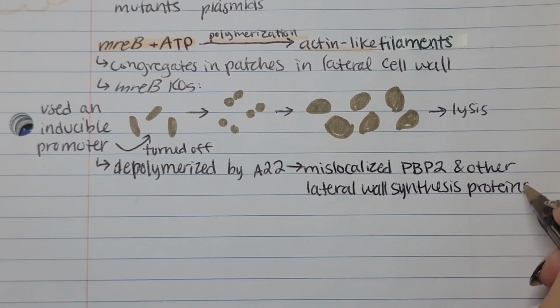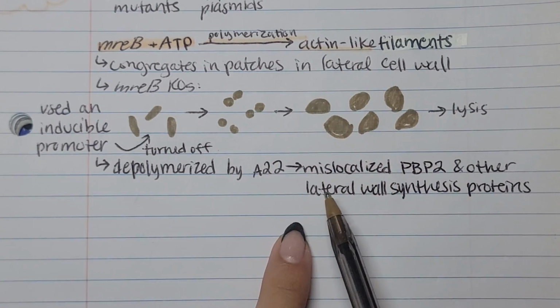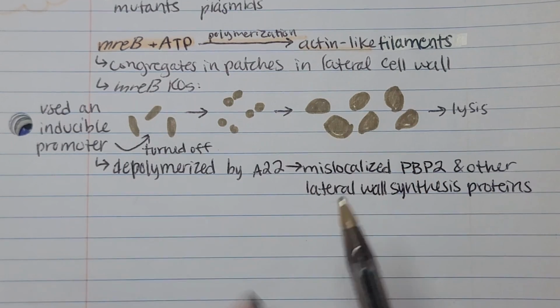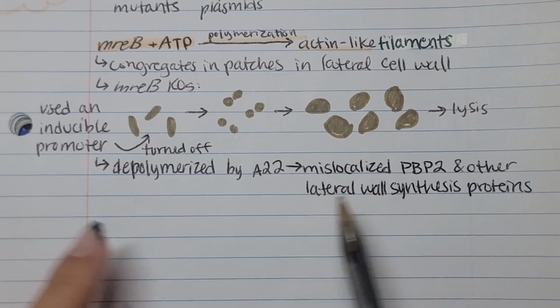So, very important, it seems. It looks like in addition to making these actin-like filaments, it has a greater role in directing PBP2 and other lateral wall synthesis proteins to make that lateral wall for elongation.